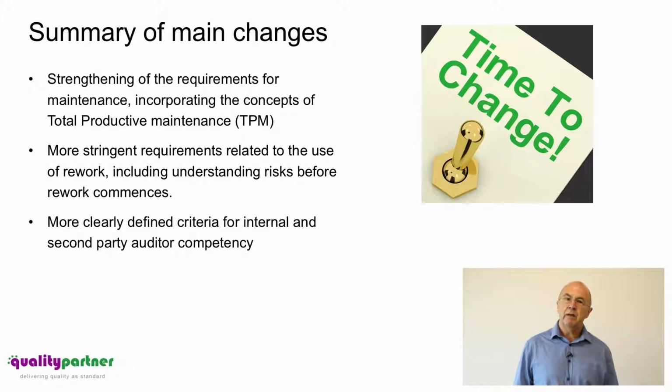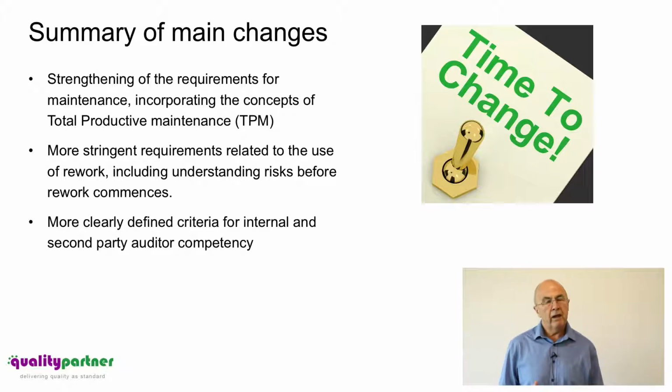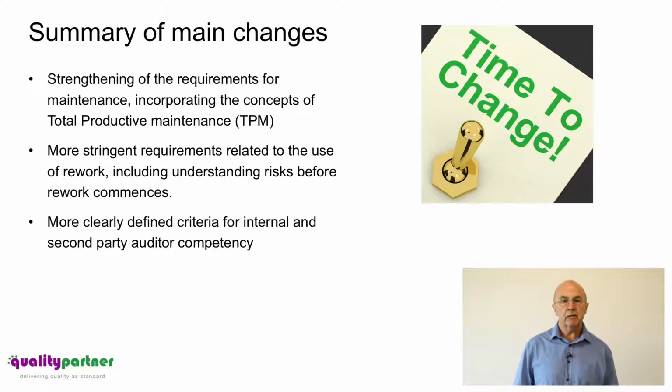The next thing that we need to understand is about internal and second-party auditor competency. In the previous version, ISO TS 16949, there were requirements, but they were not prescriptive.